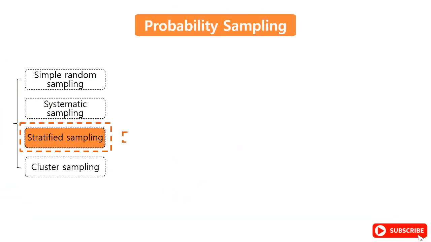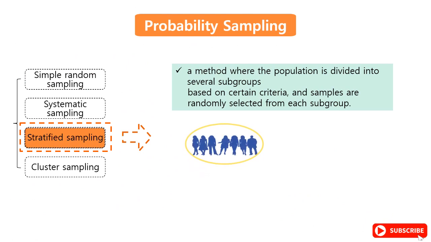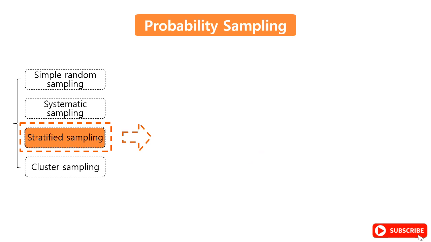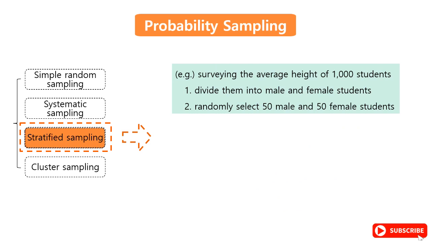Stratified sampling is a method where the population is divided into several subgroups based on certain criteria, and samples are randomly selected from each subgroup. For example, when surveying the average height of 1,000 students, you can divide them into male and female students, and randomly select 50 male students and 50 female students to survey their average height.